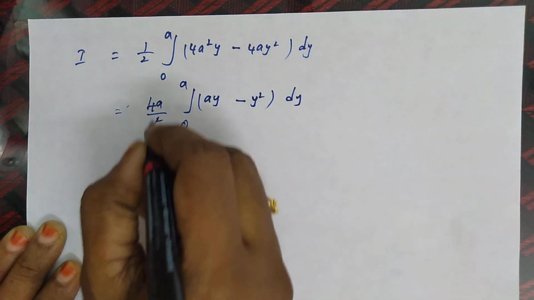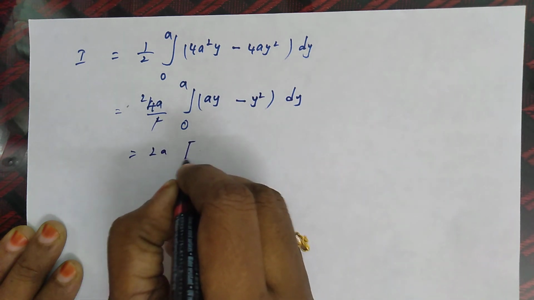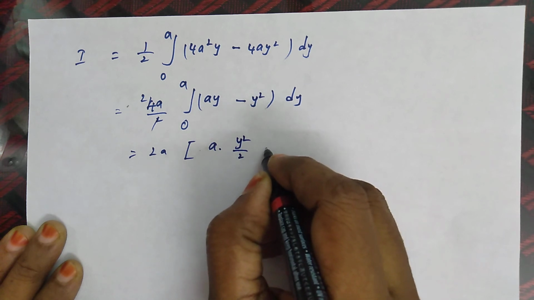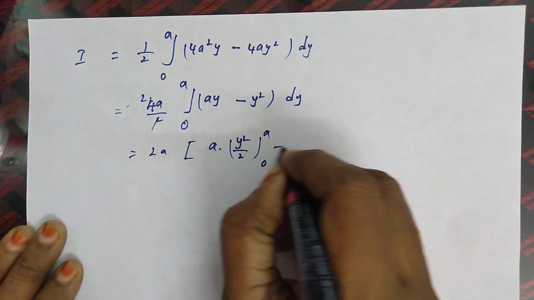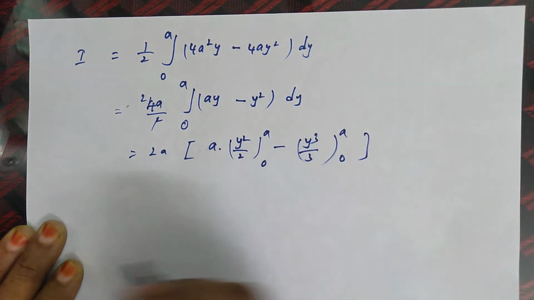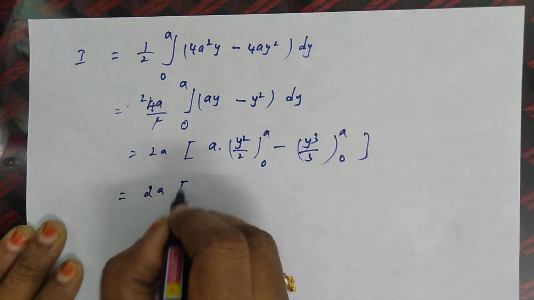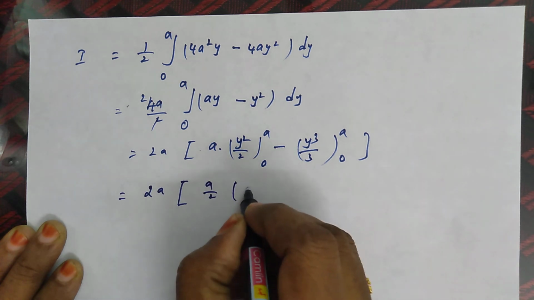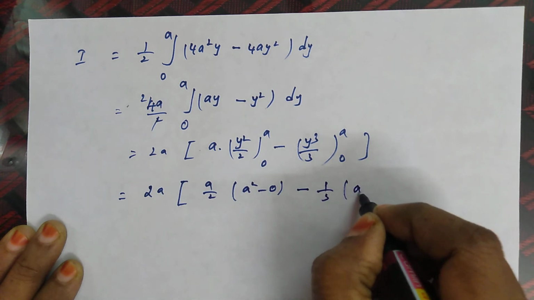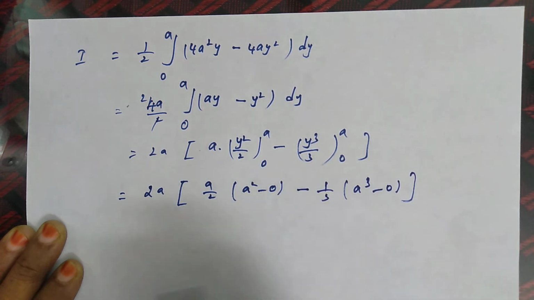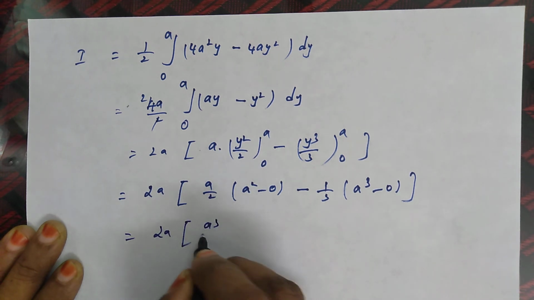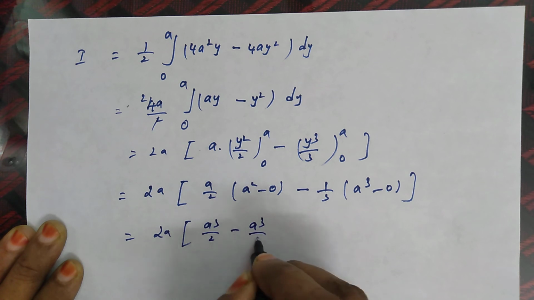This becomes 2a. So a into integration of y, which is y square by 2, from 0 to a, minus y cube by 3 from 0 to a. So 2a into a by 2 into a square minus 0, upper limit minus lower limit, minus 1 by 3 into a cube minus 0. So 2a into a cube by 2 minus a cube by 3.